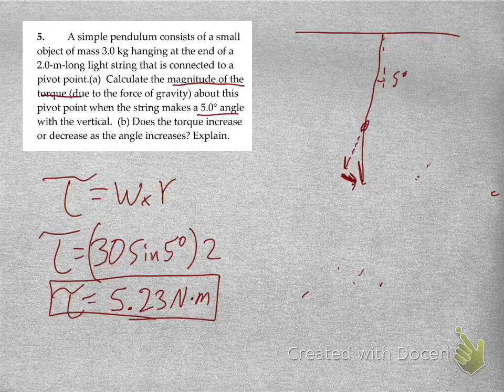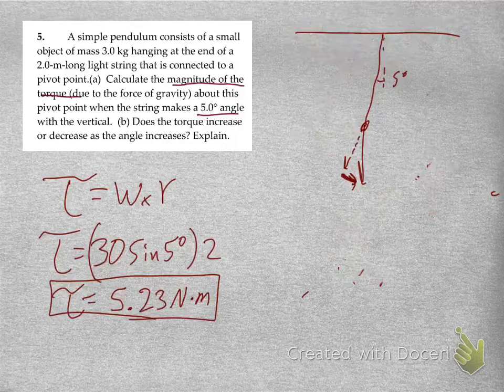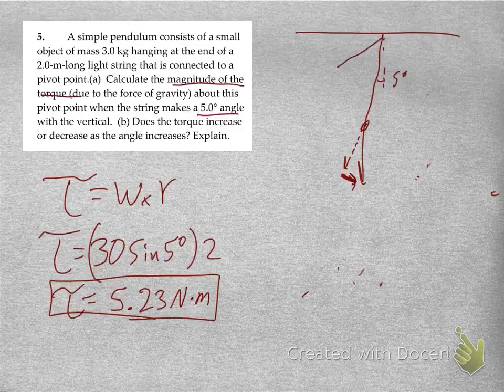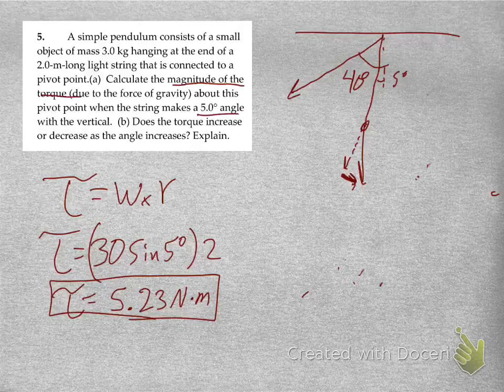Well, let's say the string is up here at some much larger angle. I don't know, that doesn't look like 40 degrees, but I'm just going to say 40 degrees. Then the weight would be pulling straight down. All of a sudden, that component that's perpendicular to it looks much bigger, and it does end up causing a bigger torque.